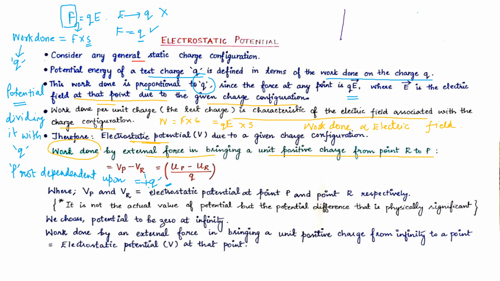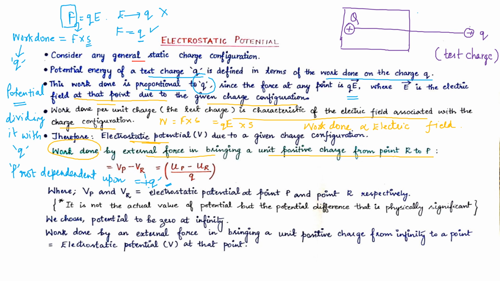This is our system. In this, positive capital Q is present. Now at a distance we have a positive small q charge, which is a test charge. This is the distance between them.